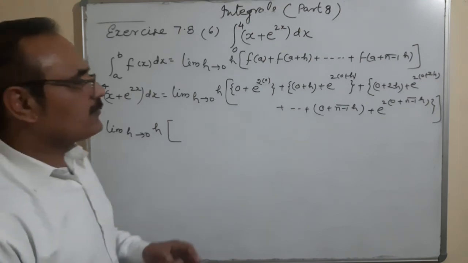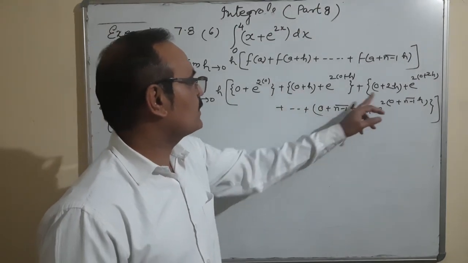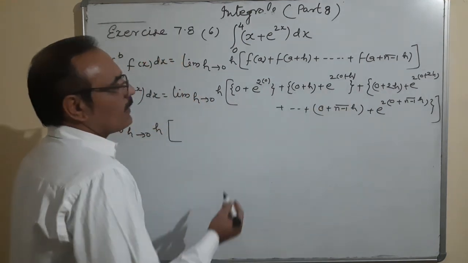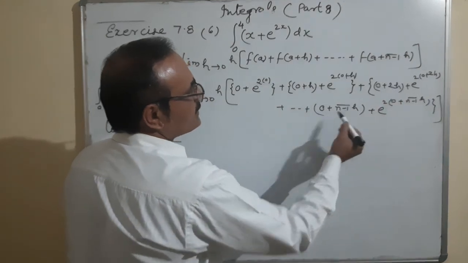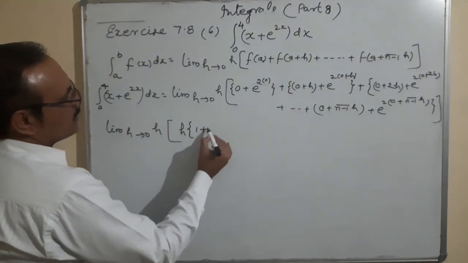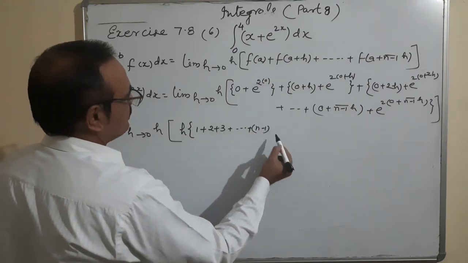Now taking the first term of it. Everywhere 0, 0 plus h, 0 plus 2h and so on. So 0, 0, 0 is finished, but here it is h, 2h, 3h up to n minus 1 h. So I'll take h common: 1 plus 2 plus 3 plus up to n minus 1.